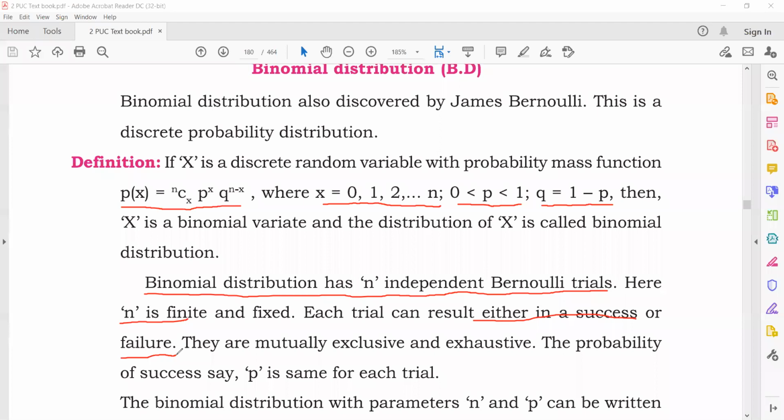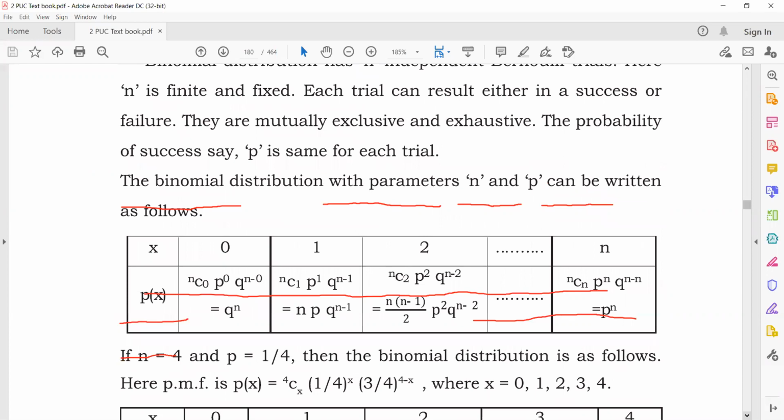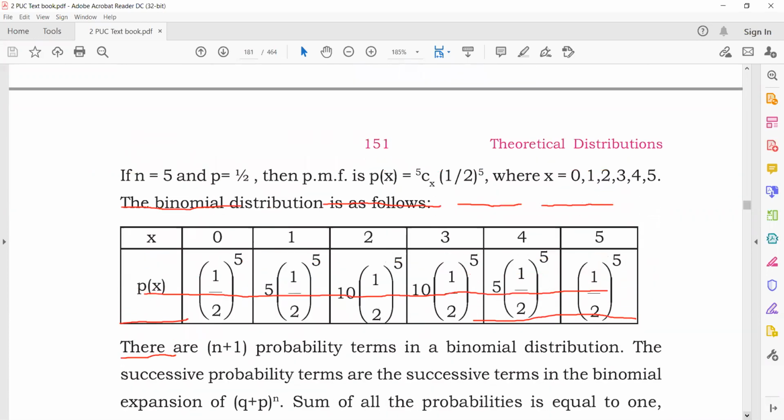If you are counting successes, then x follows a binomial distribution with probability of success p. If you take the number of failures, then x follows a binomial distribution with probability of success q. So it changes that. We looked into the definition and also learned the mean and variance of the binomial distribution.